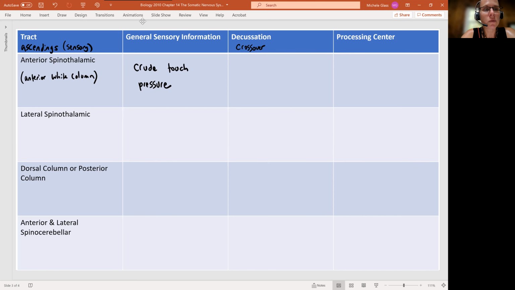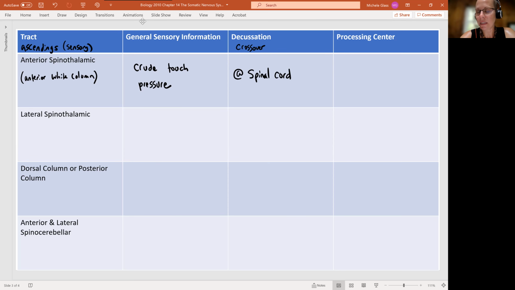As we look at this, what we'll see is the anterior spinothalamic information travels into the spinal cord and it will automatically decussate at the spinal cord level. So we're going to draw out a diagram, kind of giving us another visual of these pathways, but we're seeing the decussation is happening at the spinal cord level. So it comes in and it crosses over.